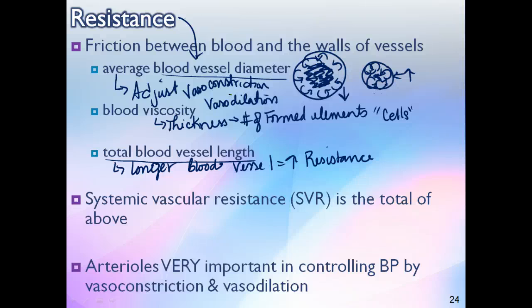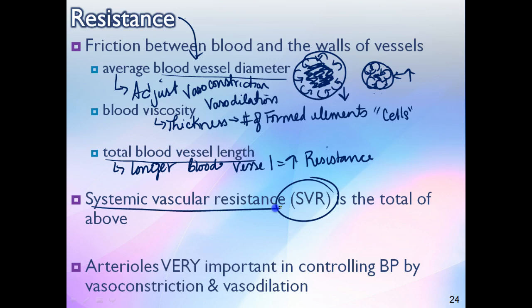Now, there isn't any one factor that we deal with when looking at resistance. In actuality, all of these factors play a role. So what we end up doing is adding up the total resistance factors for your individual physiology, and we get a general resistance idea of systemic vascular resistance, which is the sum total of all of these resistance factors.